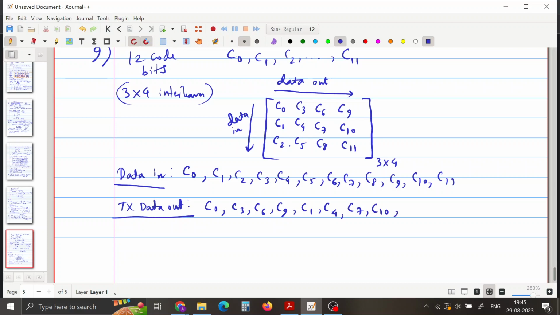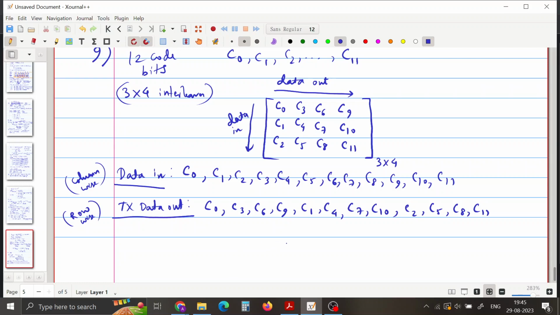And finally the last row, which is C2, C5, C8, and C11. Row wise. I will mention here also: this was column wise, this was row wise.